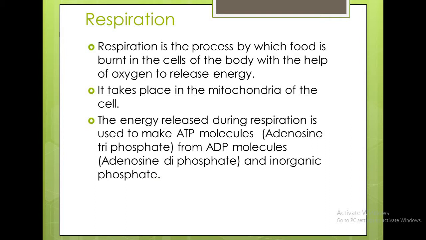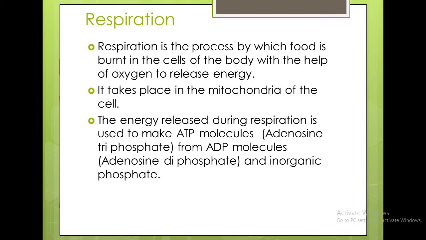If I say more easily, ATP molecules are full of energy. The abbreviation of ATP is adenosine triphosphate. And this ATP is generated from ADP molecules. What is ADP? It is adenosine diphosphate, and also an inorganic phosphate.